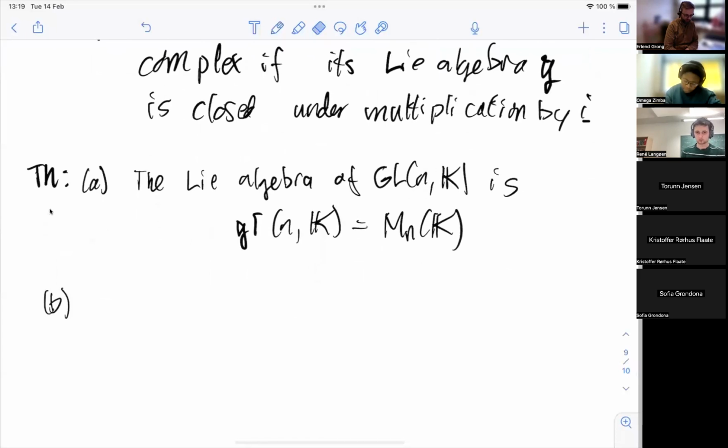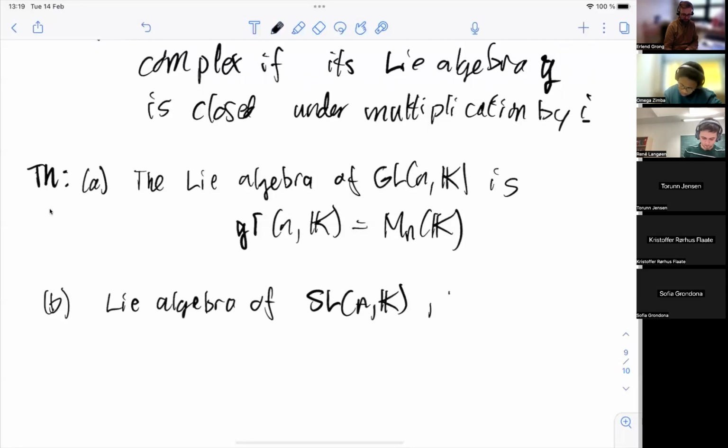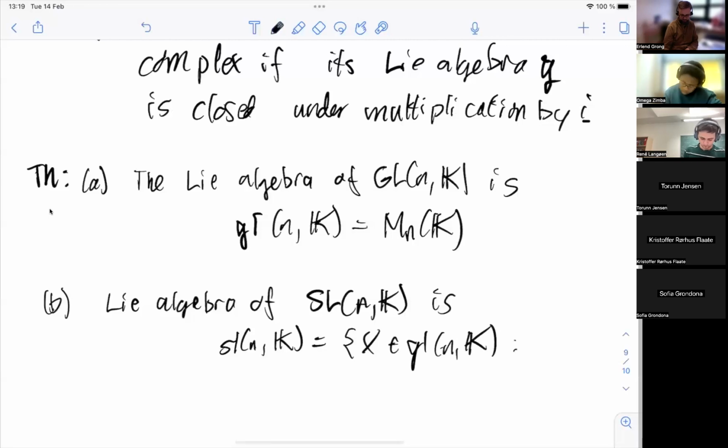For the special linear group SL(n, K), we have the algebra that we've already seen, which is small s l n K, the Lie algebra of all matrices with trace 0.